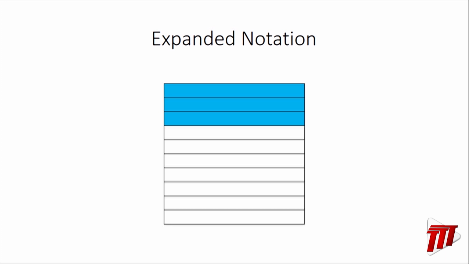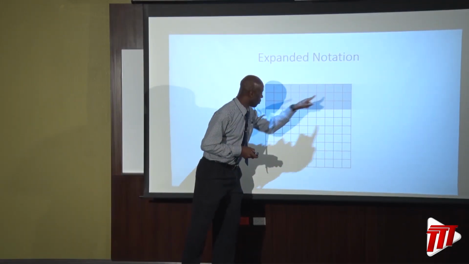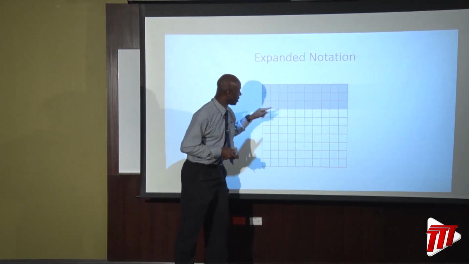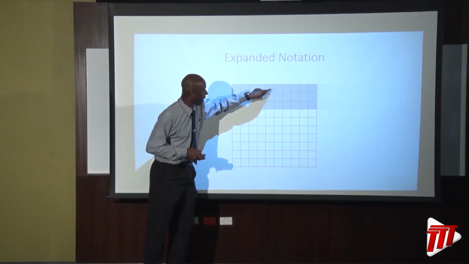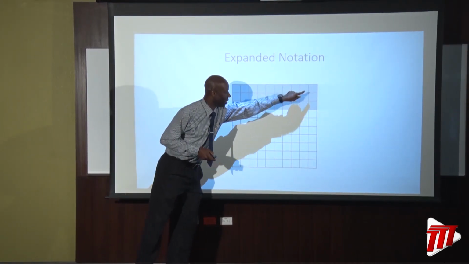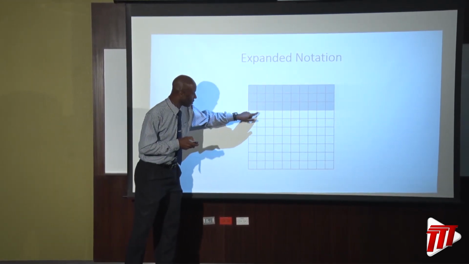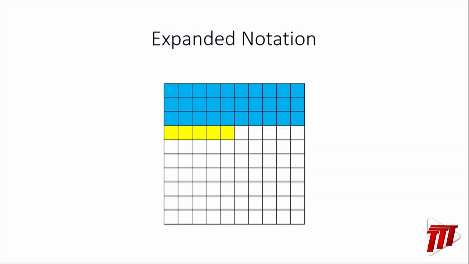To represent 5/100ths, I'm going to next divide our whole into 100 equal parts. Remember, this is 1/10, this is 1/10, and this is 1/10. Each 1/10 has 1, 2, 3, 4, 5, 6, 7, 8, 9, 10/100ths. 5/100ths, 1, 2, 3, 4, 5/100ths.